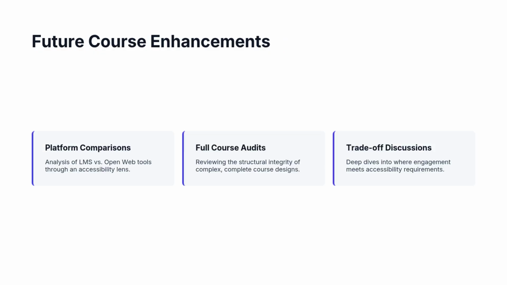One suggestion I would have is to include more discussion about learning platforms and accessibility. I would also enjoy seeing examples of complete accessible courses built on different platforms. It would be helpful to analyze what works well, what challenges exist, and how different designers solve accessibility problems. Another interesting discussion could focus on accessibility trade-offs.